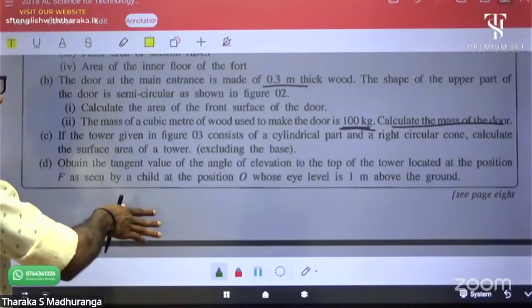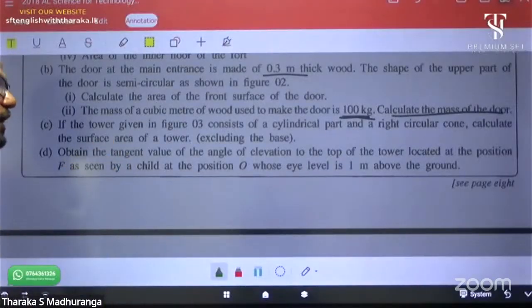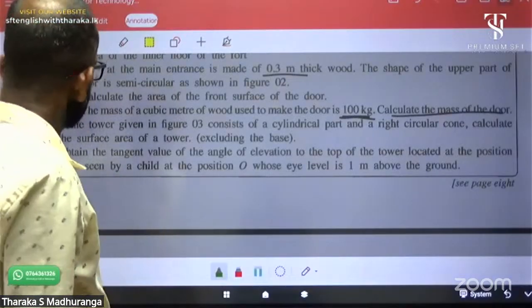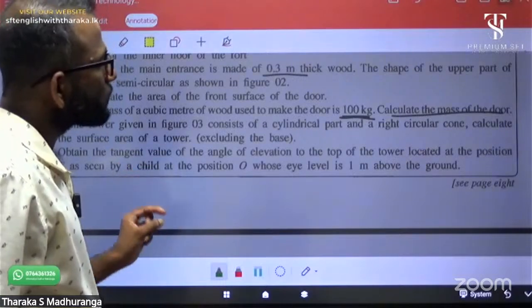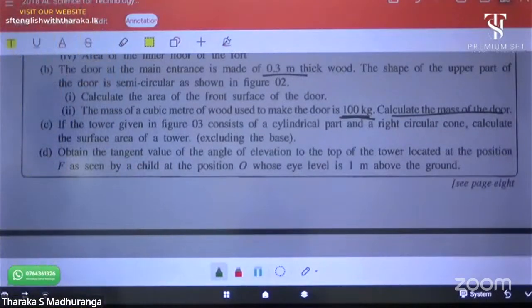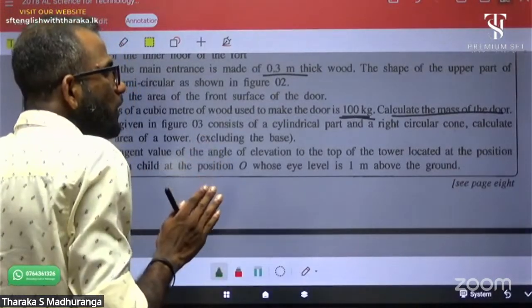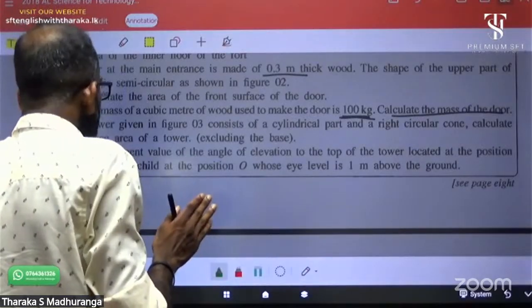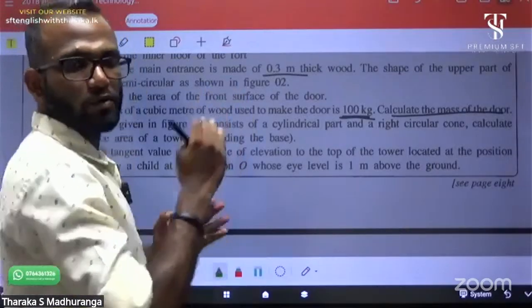Okay, let's do the final one. Obtain the tangent value of the angle of elevation to the top of the tower located at the position F as seen by a child at the position O, whose eye level is 1 meter above the ground.